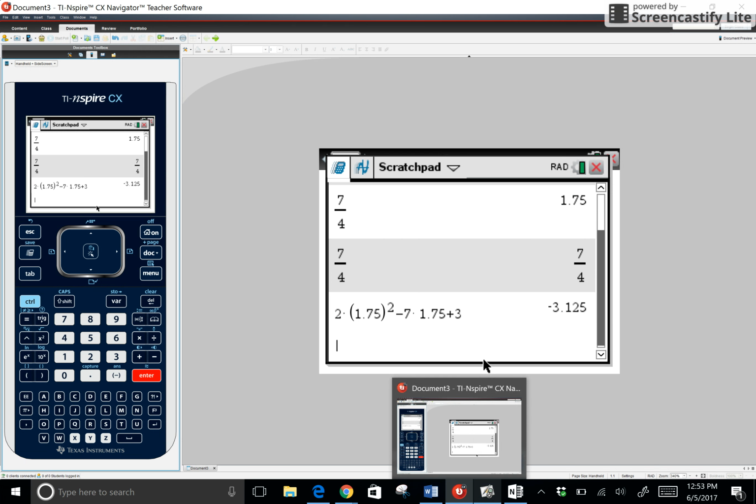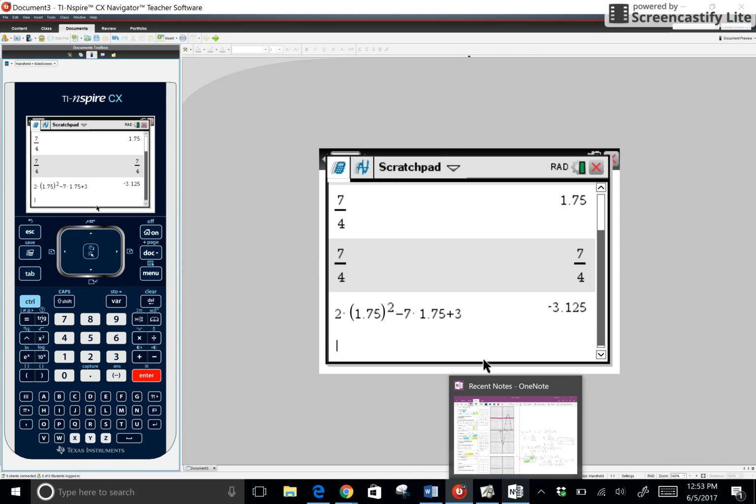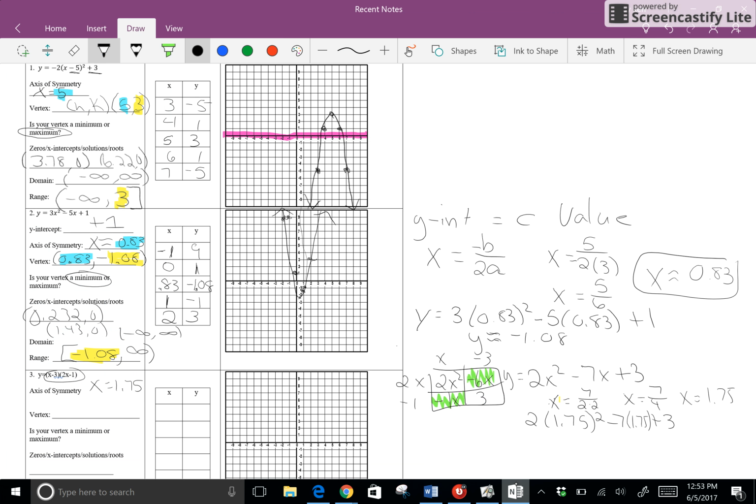And then you get negative 3.125. And that's your y value, and then this is your x value, and that's your vertex. You put that in the middle. And then you make your table around it.